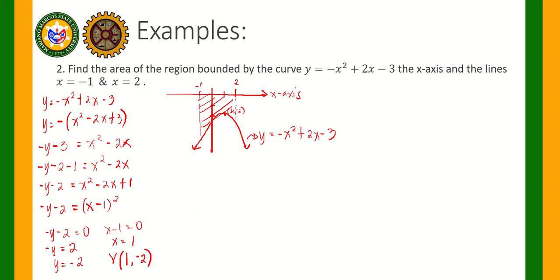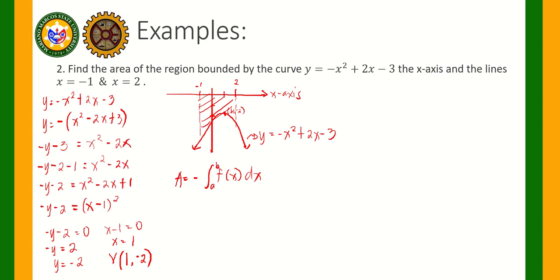Now, what case will we use? Since the curve is located below the x-axis, we are going to use case number 2. And case number 2 is like this. So the area is equal to negative the integral of the function with limits from a to b.